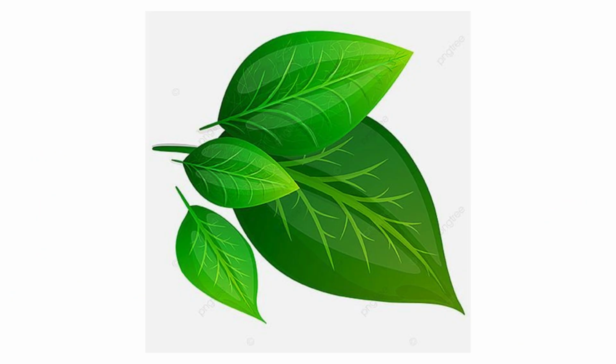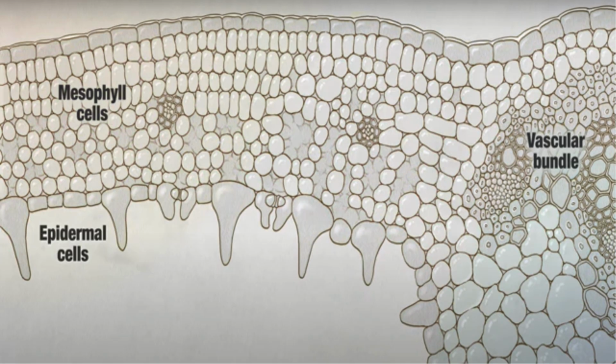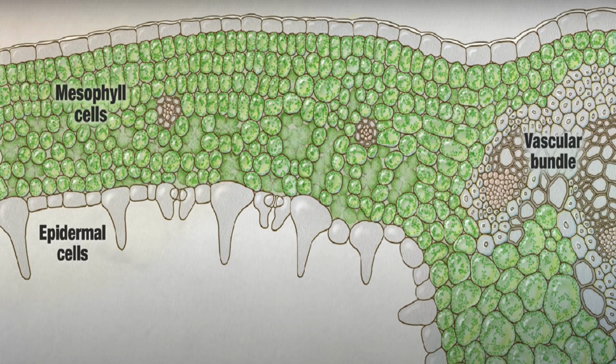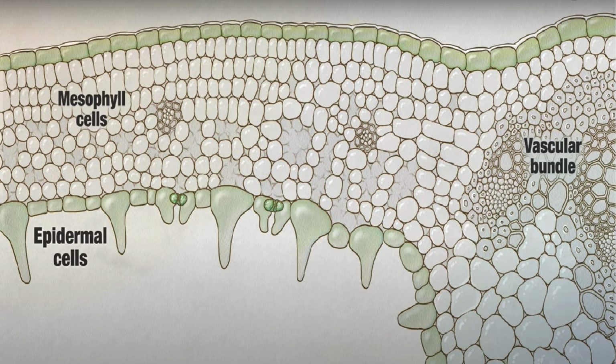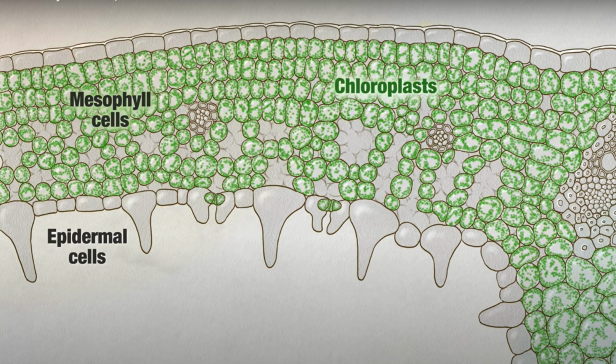We are going to zoom in on a cross section of a leaf to have a closer look at the center of action for photosynthesis. A leaf has many different types of cells, such as mesophyll cells, epidermal cells, and vascular bundles. Most cells in the middle of a leaf contain large numbers of chloroplasts. Chloroplasts are the organelles where photosynthesis occurs.